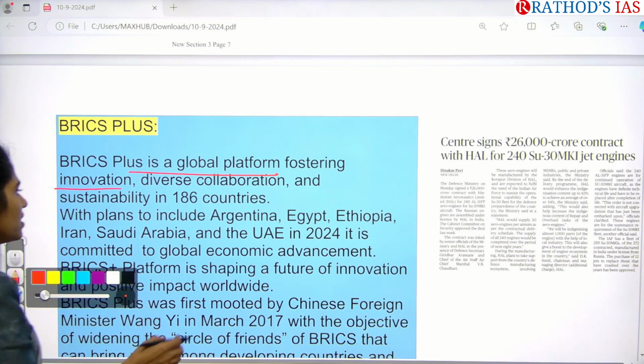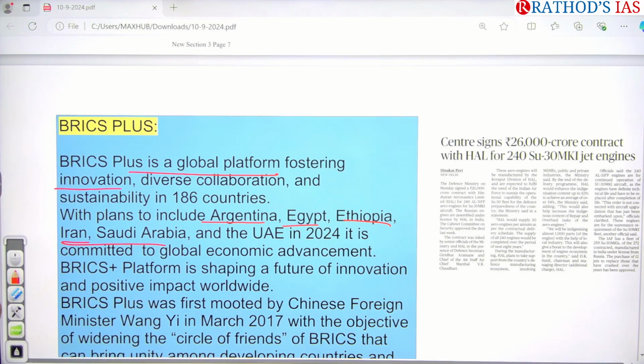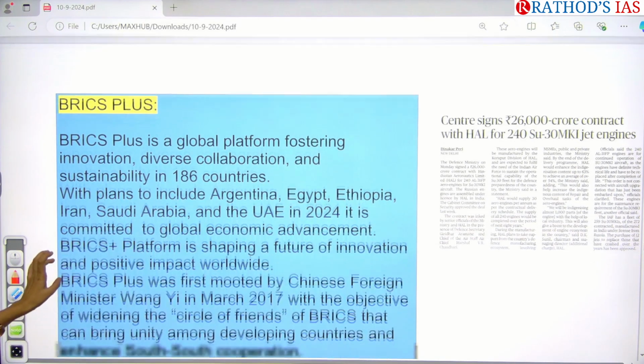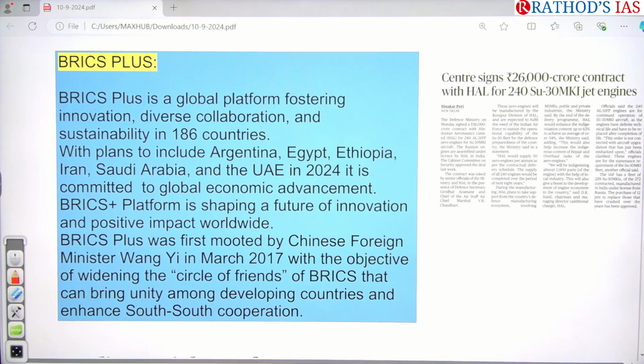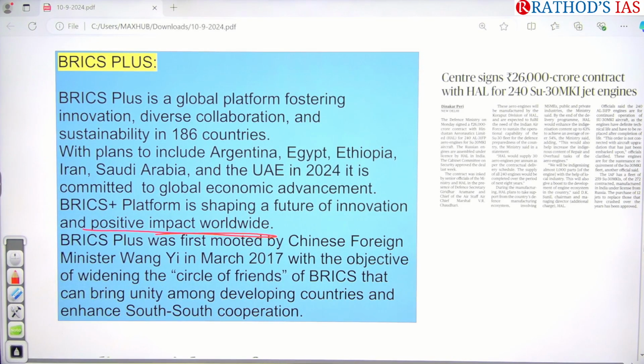Especially countries like Argentina, Egypt, Ethiopia, Iran, Saudi Arabia and UAE in 2024, because these countries are committed towards global economic advancement, innovation, and positive impact across the world. Actually, this BRICS Plus idea came up from China in 2017 itself, because it wants to increase its circle of friends so that it can increase its expansionist policy.